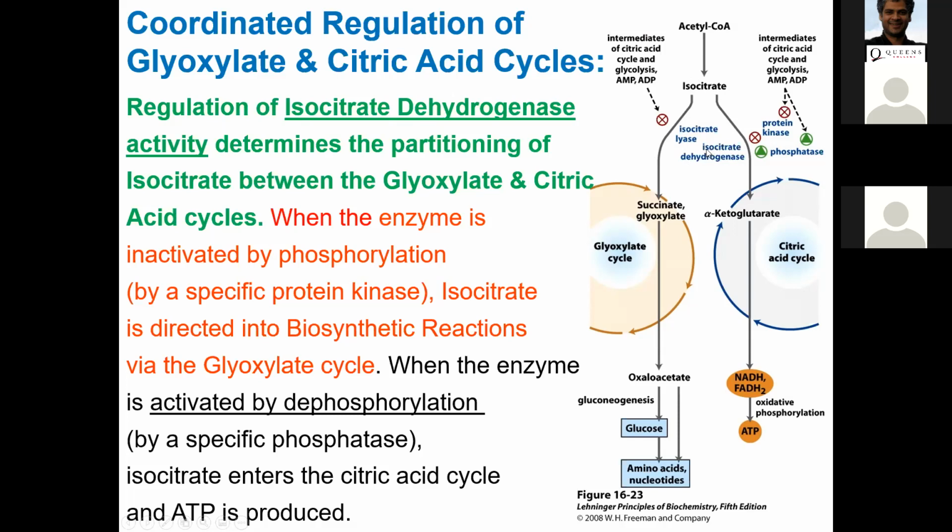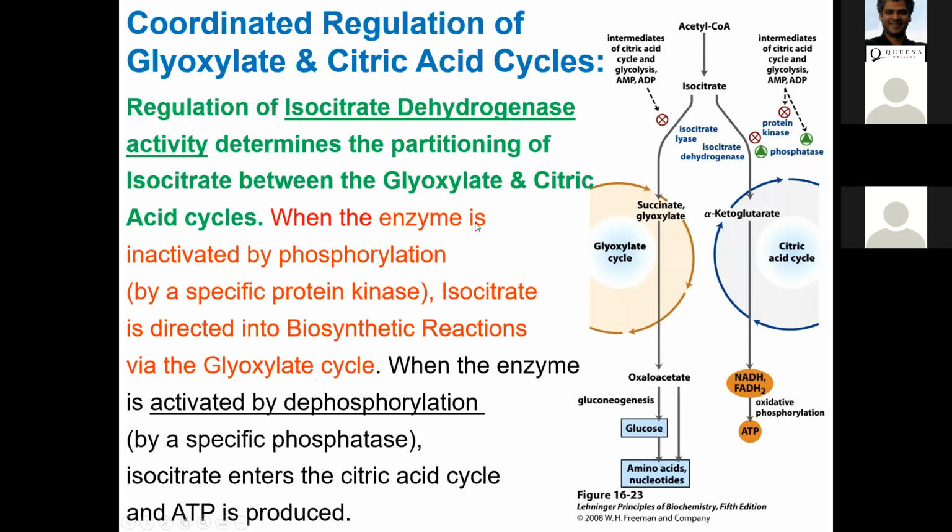That's the key enzyme. It turns out that this enzyme, isocitrate dehydrogenase, is also regulated by phosphorylation. Okay, so there are protein kinases that when active, will phosphorylate isocitrate dehydrogenase and make it inactive.